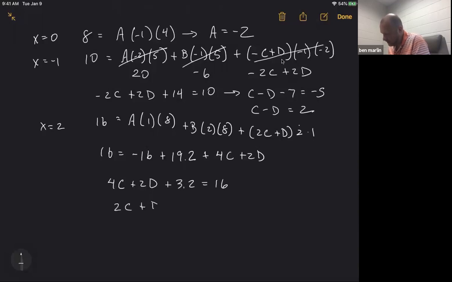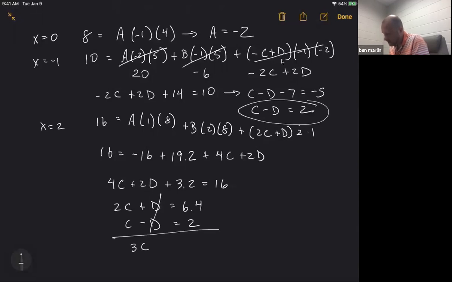2c plus d is equal to 8 minus 1.6, which is 6.4. So if I take this up here and add those together, I'll get rid of my d's.